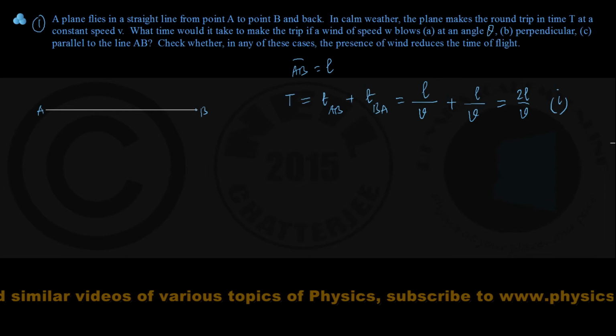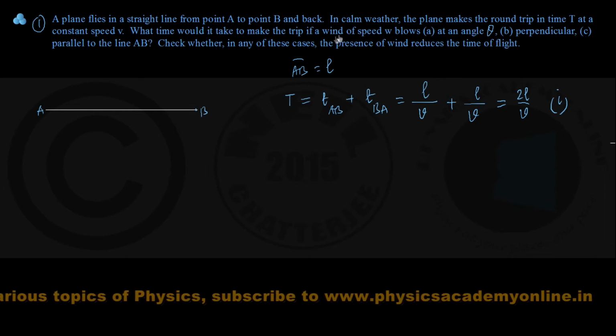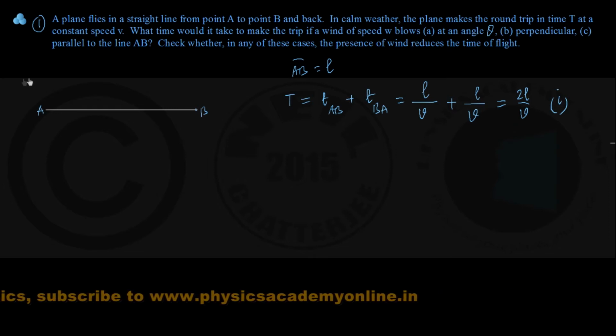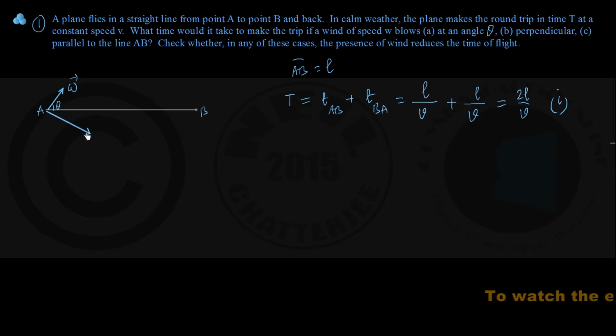Now with this understanding, let us go to the first part of the problem and see if a wind is blowing at an angle theta with the direction of AB. Now when the wind is blowing, as I show by this blue arrow, with a velocity w at an angle theta with direction of AB, the pilot will direct the plane in such a direction that I also show by this blue arrow, and this is the velocity vector of the plane now.